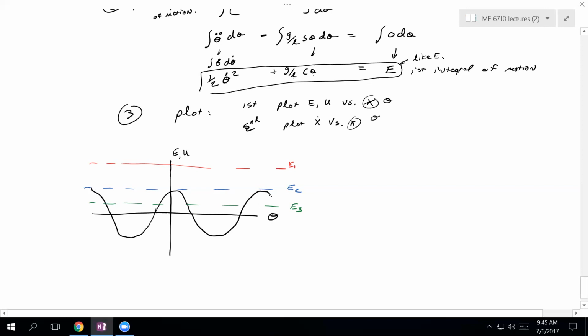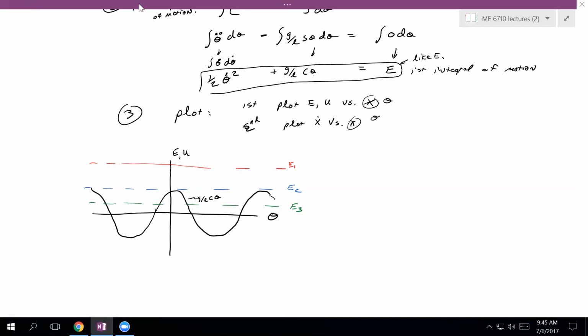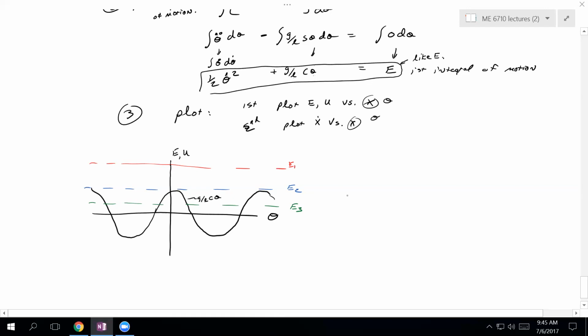Okay, so there's my g over L cos theta. I probably should have plotted that first and put energy levels around it. Let me, for fun, add another energy level way out here. Let's add an E4 way out here.